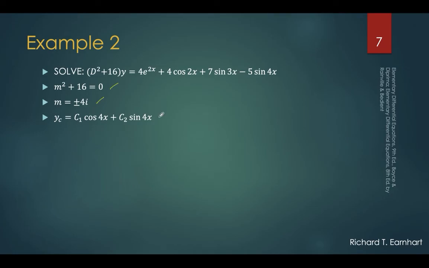So the complementary solution will be cosine and sine function. Your a here is equal to 0, so this is pure imaginary, so there will be no exponential function here.